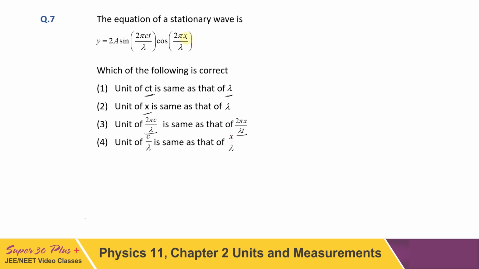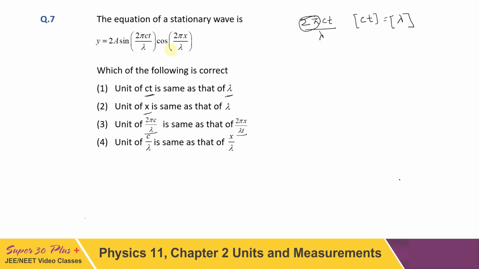Now from the question we can say that this function 2 pi ct by lambda must be unitless. What does it mean? 2 pi is already a numeric constant, so ct must have the same unit as lambda, or we can say it's a distance term.